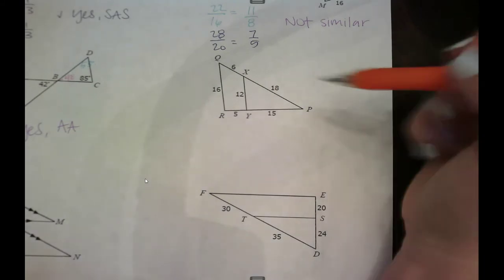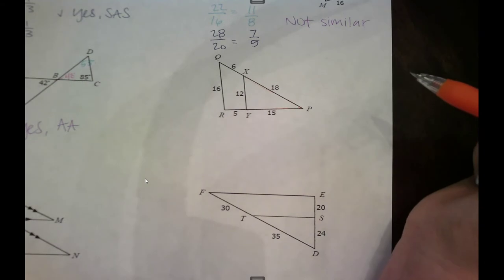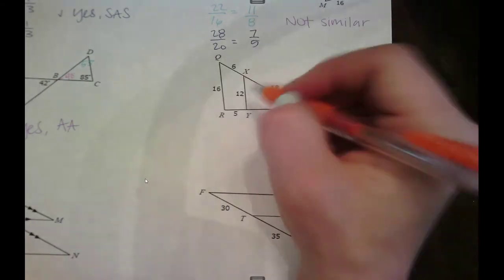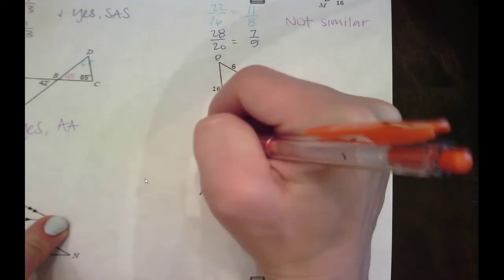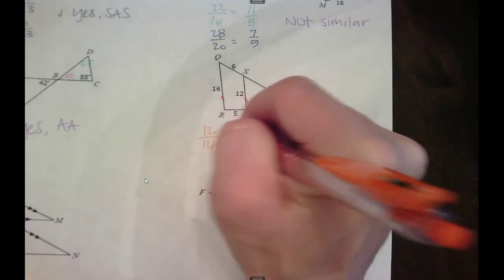So I'm going to take this small triangle and put it over the bigger one. So this 12 corresponds with this 16. And that reduces to 3/4.